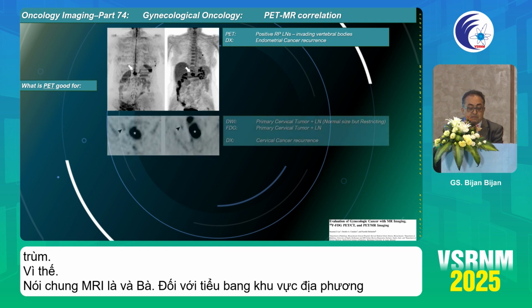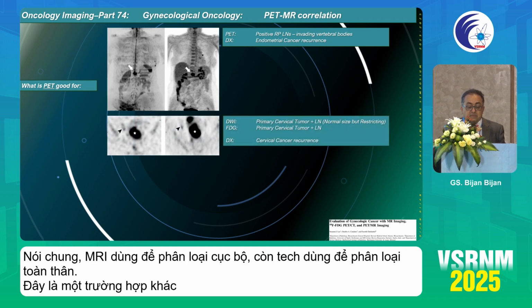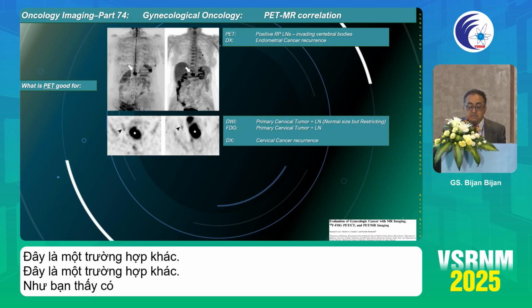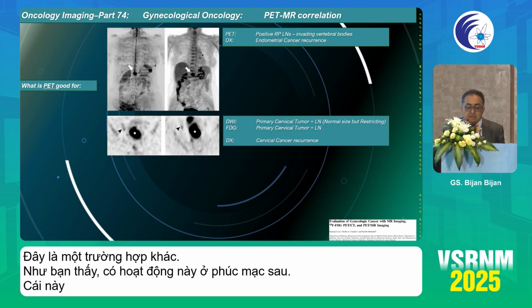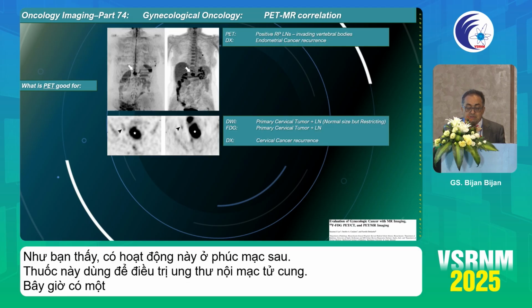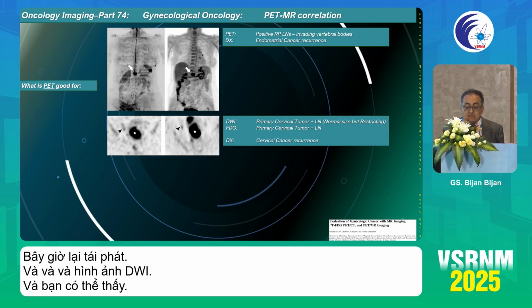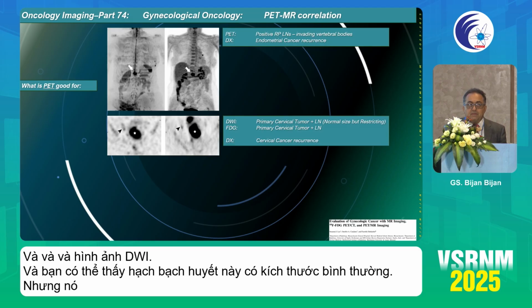This is another case. As you see, there's this activity in the retroperitoneum. This is a patient with endometrial cancer, now with a recurrence, and on the DWI images, you can see these lymph nodes, which are normal size, but show restriction on DWI images.